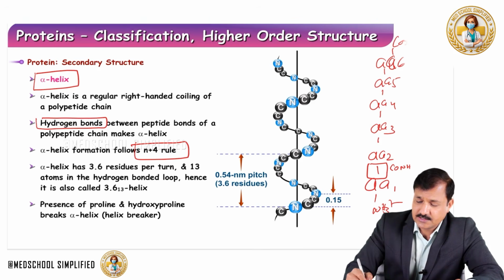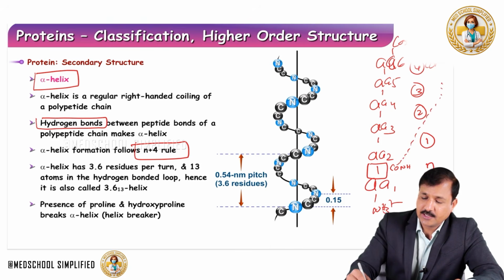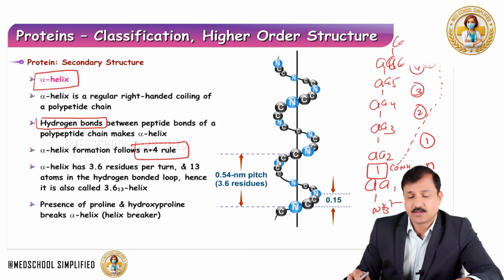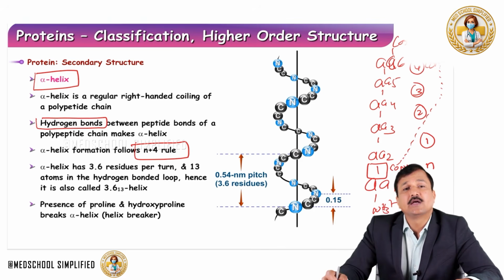That means this is N, you write it as N, then number 1, 2, 3 and 4. So this is the fourth peptide bond, CONH. So the carbonyl oxygen of this peptide bond can interact with the nitrogen of the fourth peptide bond which is ahead of it. Or it can be behind it also if there were any peptide bond.